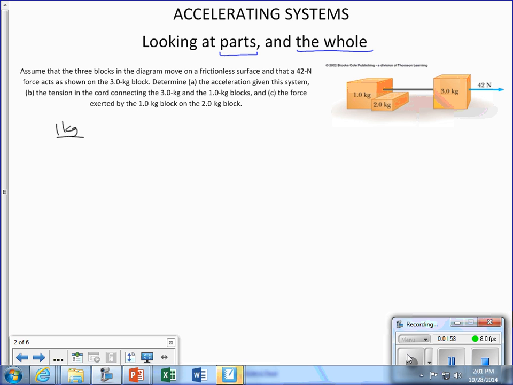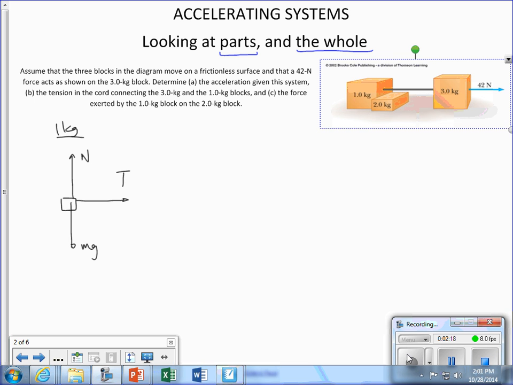For the 1 kilogram mass, here's a free body diagram. Well, it certainly weighs something. There's a normal force exerted on it. There's a tension force like that that comes from this rope.